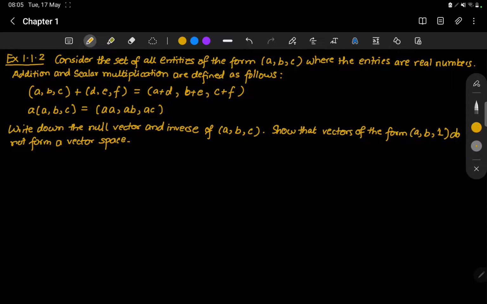So when we say that they do not form a vector space, it means that the axioms are not satisfied. We saw 8 axioms in the previous video. So if any one of those 8 axioms is not satisfied, then that means that that particular set of entities does not form a linear vector space.